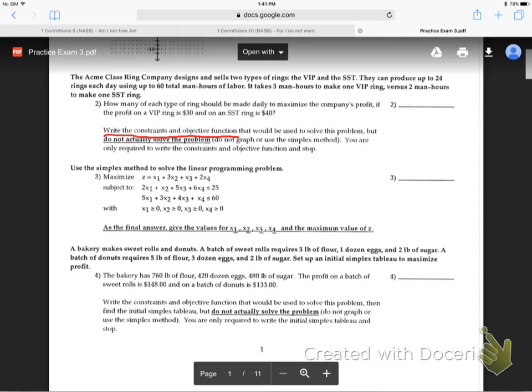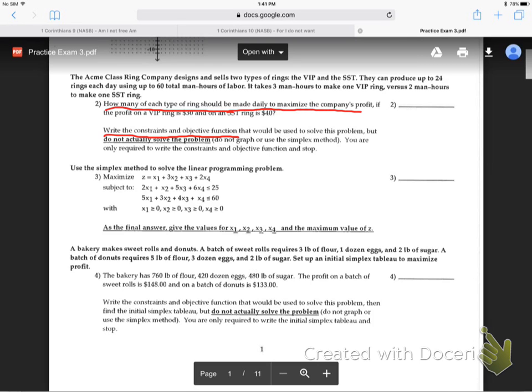Do you realize both of those are solving the same kind of question? The same word problem can be solved by linear programming, drawing the graphs, or the simplex method in your calculator. Did you understand that? So this one is just a setup, but the equations are the same for either one.